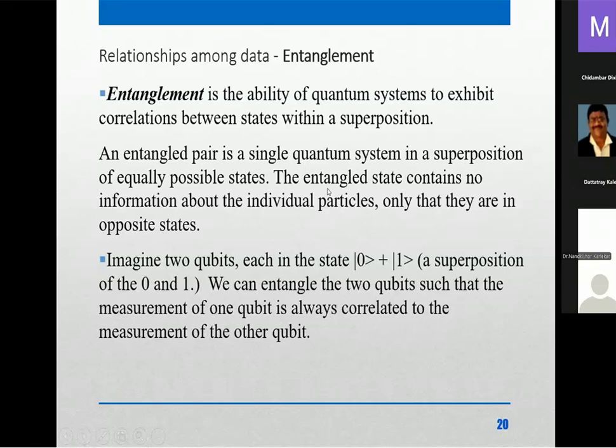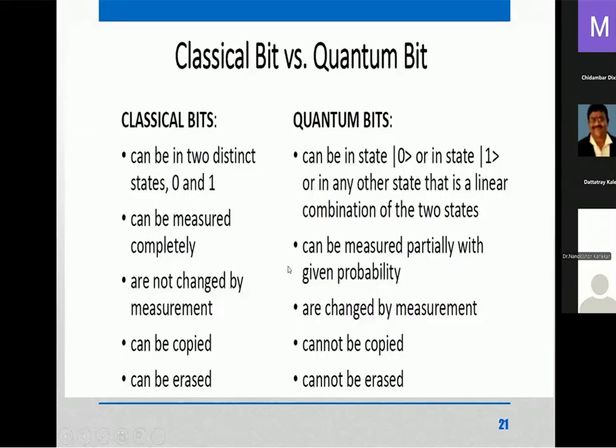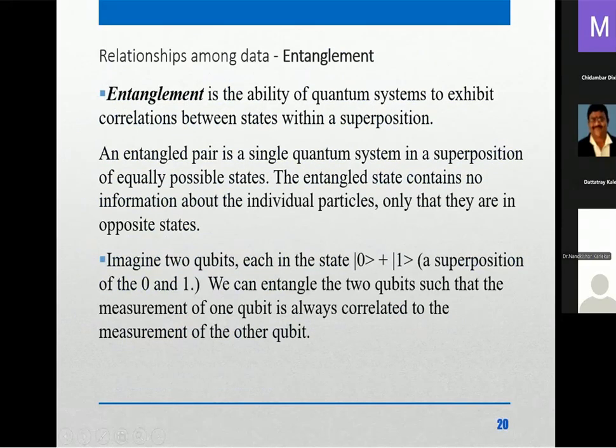The entangled state contains no information about the individual particles, only that they are in opposite states. Imagine two qubits, each in the ground state or 1, or a superposition of 0 and 1. We can entangle the two qubits such that the measurement of one qubit is always correlated to the measurement of the other qubit.